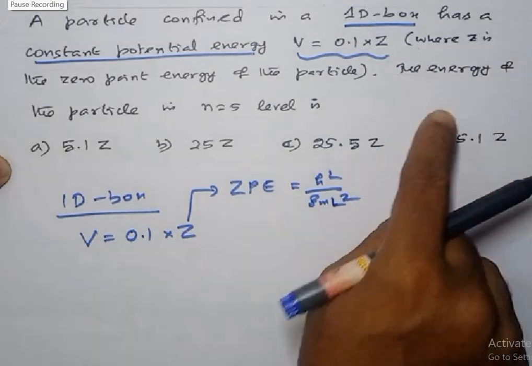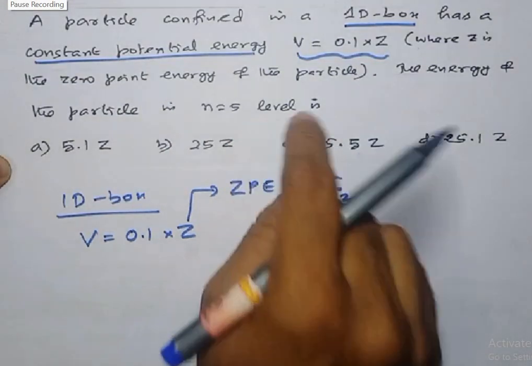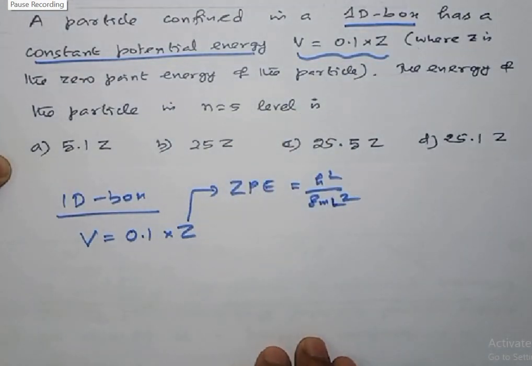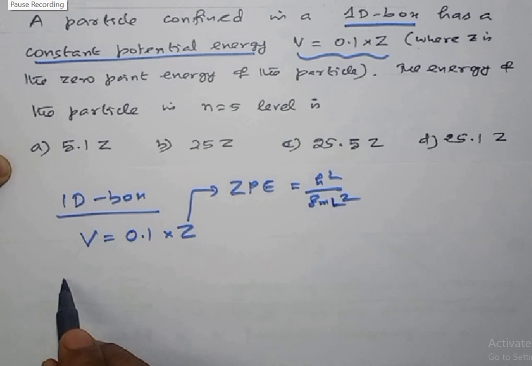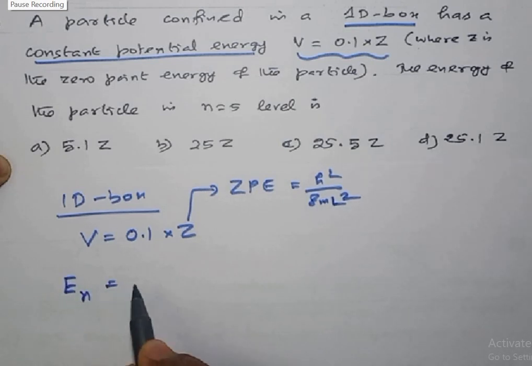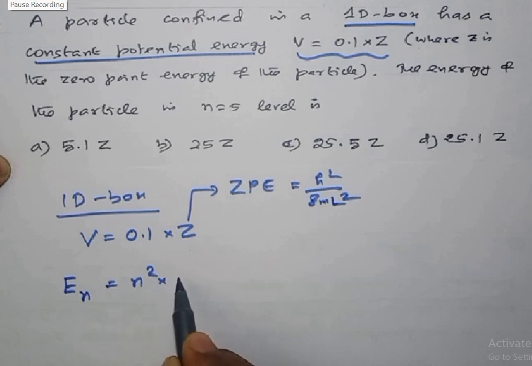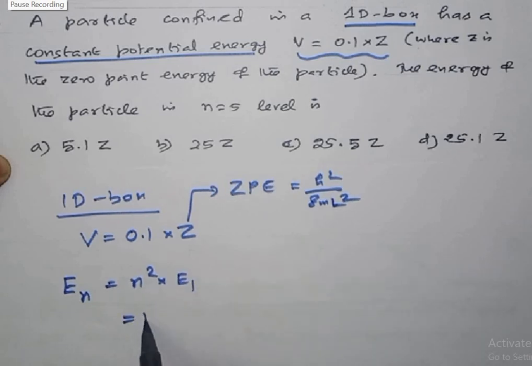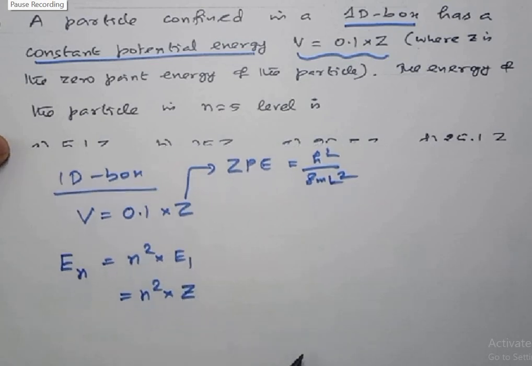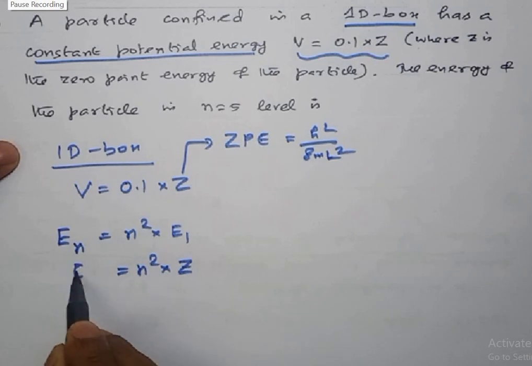Now, what is the energy of the particle in the n equal to 5 level? You know very well. Energy of the particle in the nth level is equal to n square times E1. What is E1? E1 is nothing but the zero point energy. So n square into Z. Okay, this is the general formula for En.